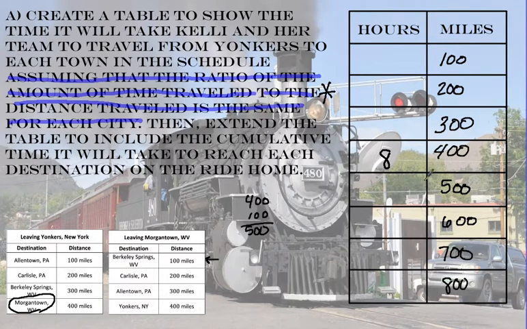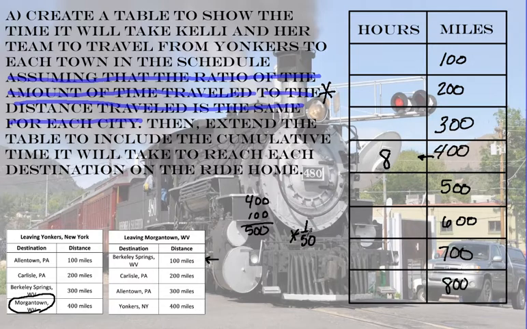All right, so I have to look at how did I go from hours to miles, right? I know that 400 is 50 times as much as 8. So I know that in order to go from miles to hours, I have to multiply by 1/50th.